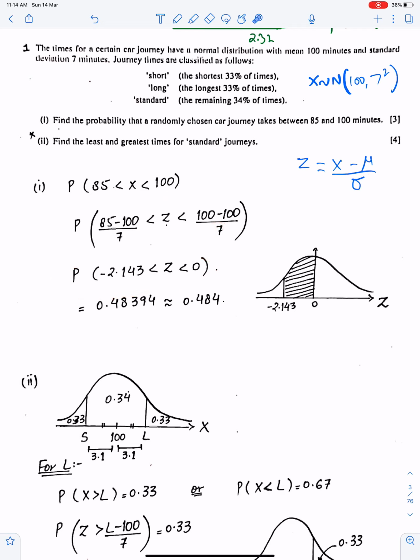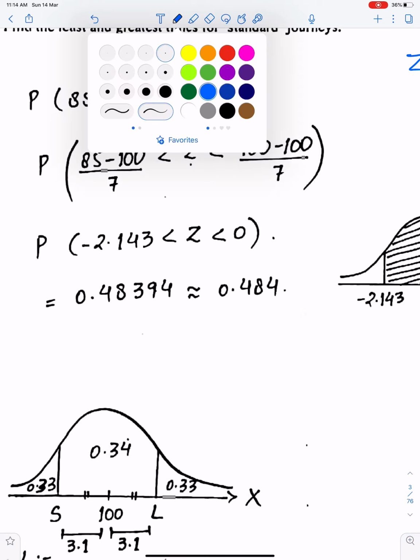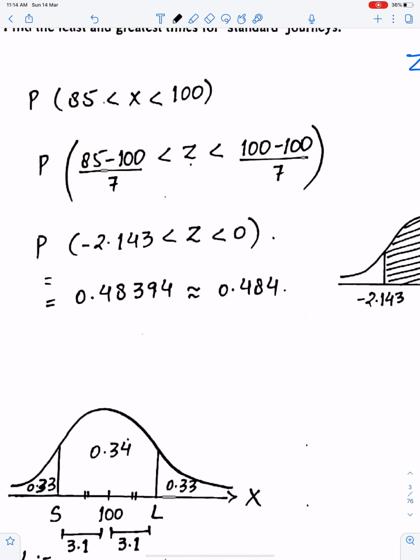And I discussed this thing in my first lecture, that we write this thing as phi 0, and a negative value we always write as 1 minus phi 2.143.